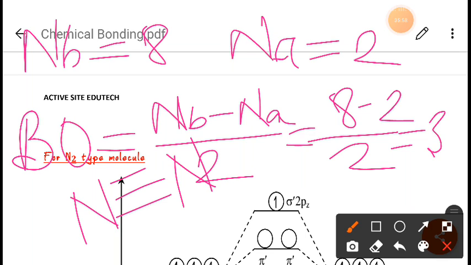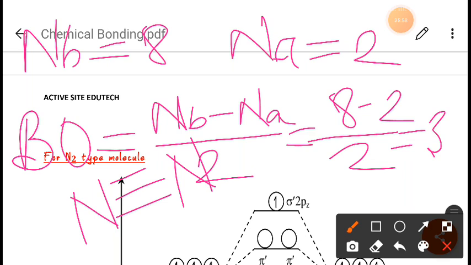This value which we have got here, 3, is the highest of all the homonuclear diatomic molecules, right?